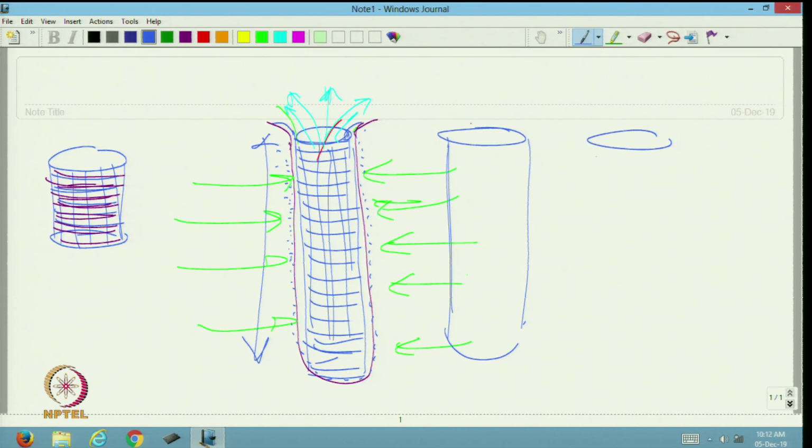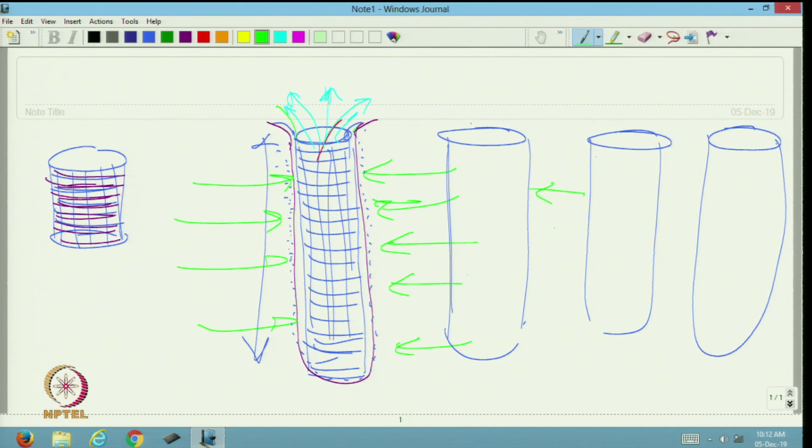So, there are hundreds of such bags, and the polluted air is entering into these bags through the surface, and we get the filtration. So, a large amount of air is passing through, these are the clean air, and here it is polluted air. Okay.